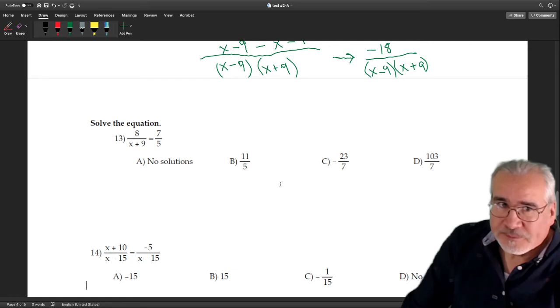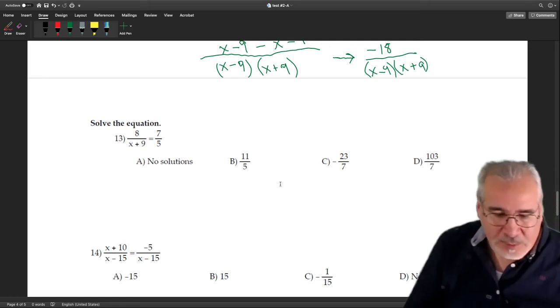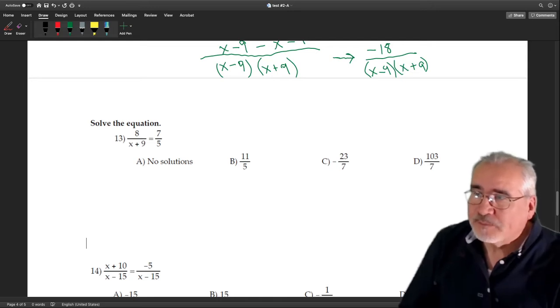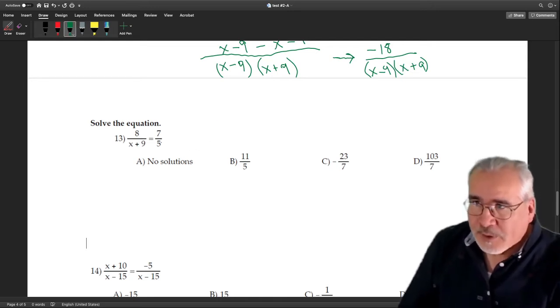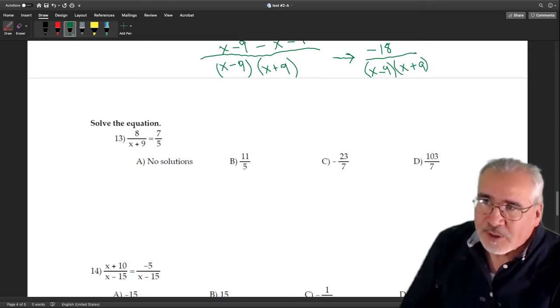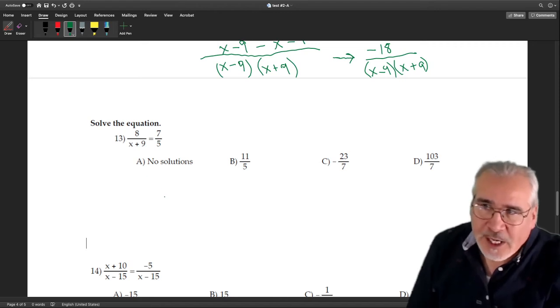Solve the equation. And again, this is going to be similar to what we were doing. With an equal sign, you could multiply both sides, or you could multiply by the common denominator.